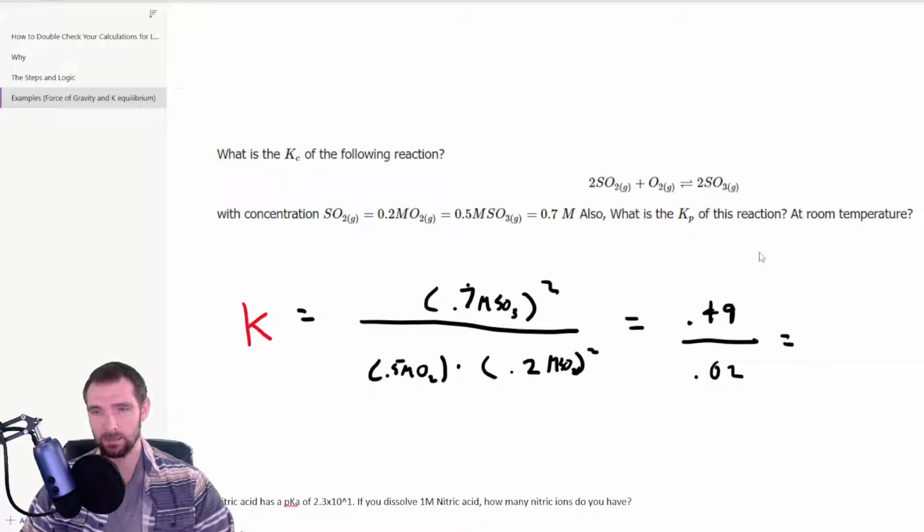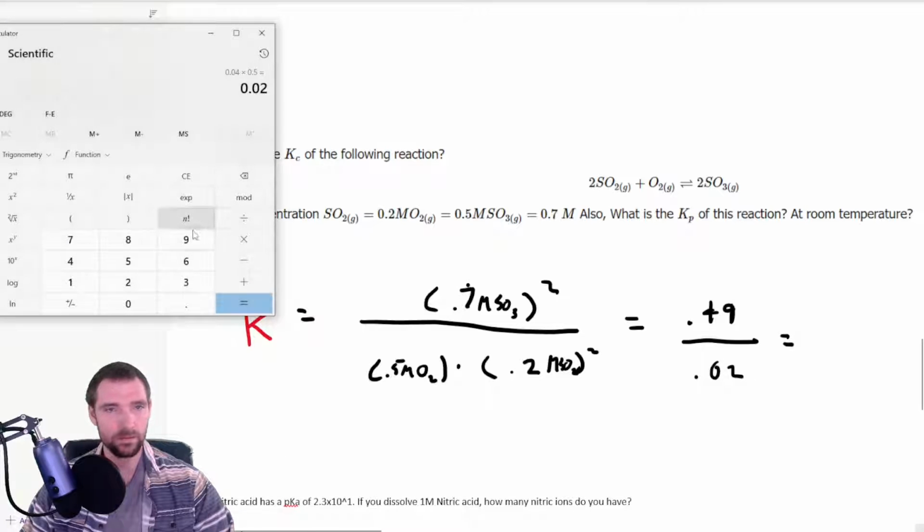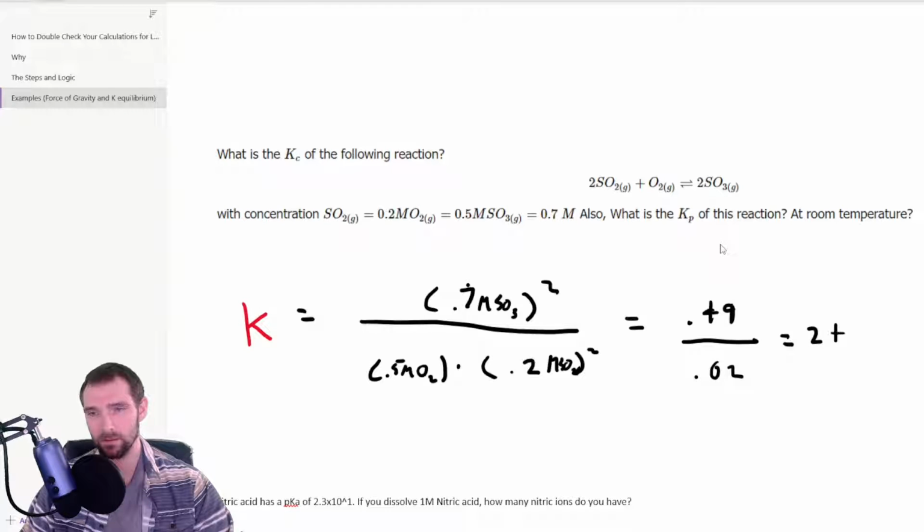If we calculate that out, it's the same as 49 divided by 2, which is 24.5, which kind of matches what I was thinking.